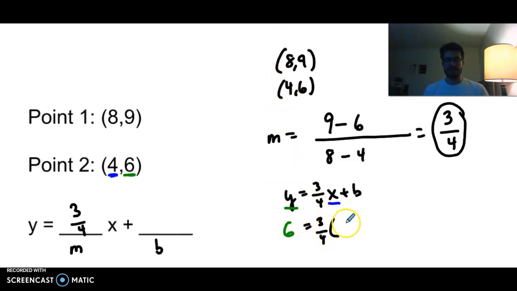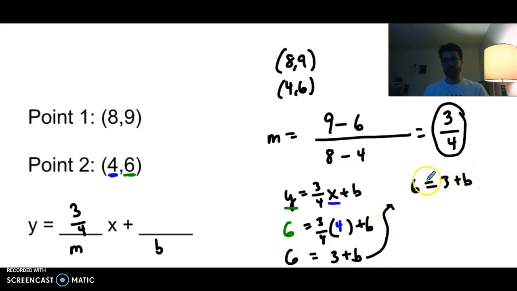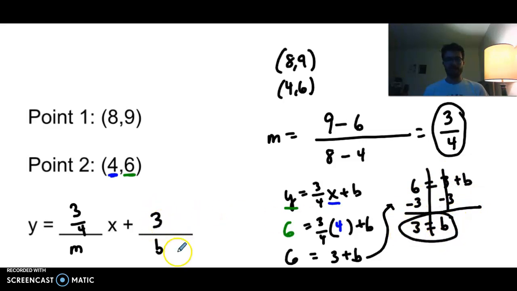Instead of x, I'll put 4. 3/4 times 4 is 3. And then I have 6. If I subtract 3 from both sides, I get 3 is equal to b, and that's my y-intercept. And there's my final equation.